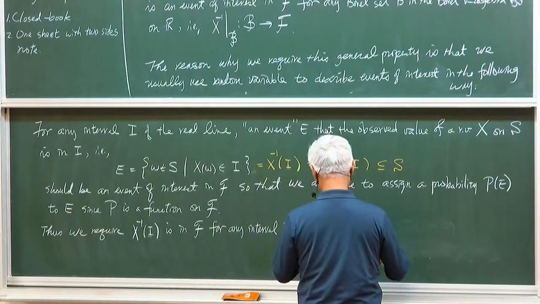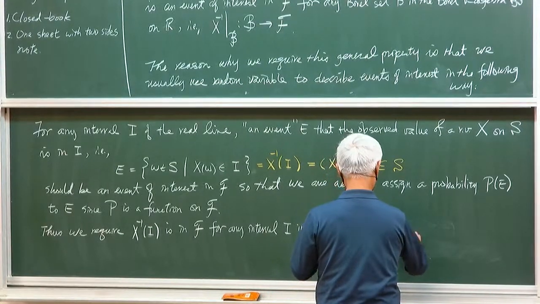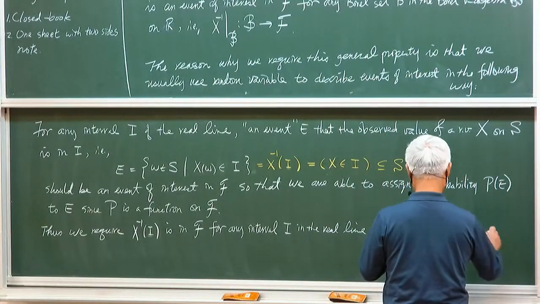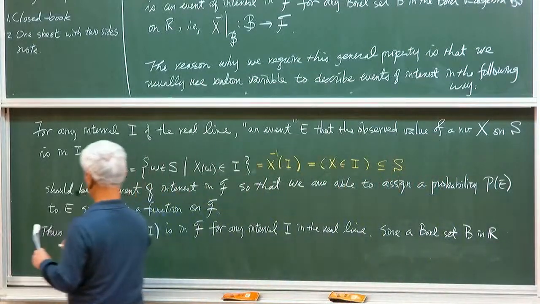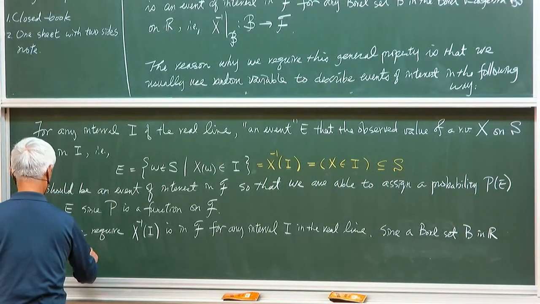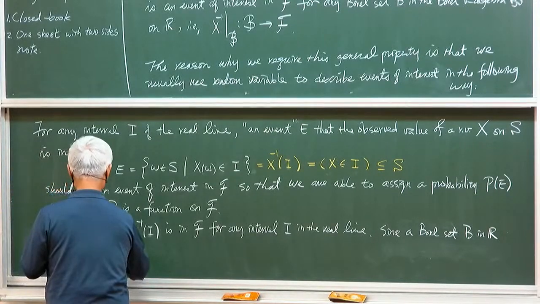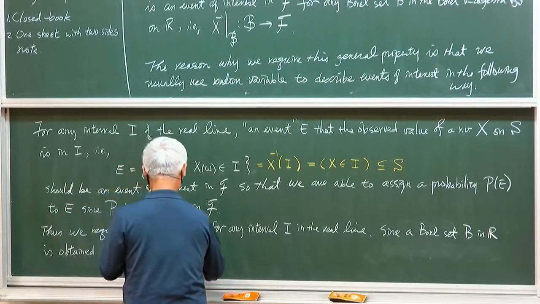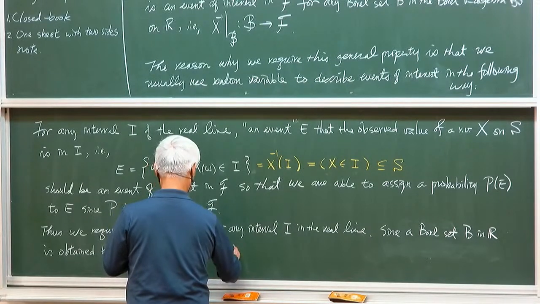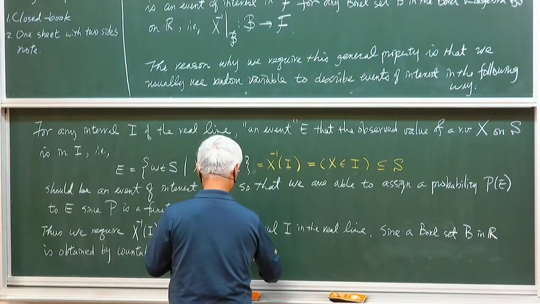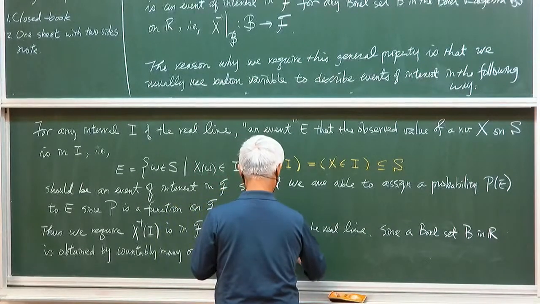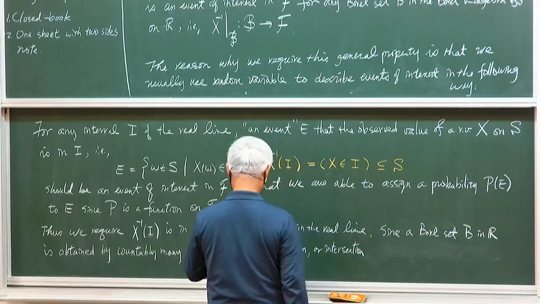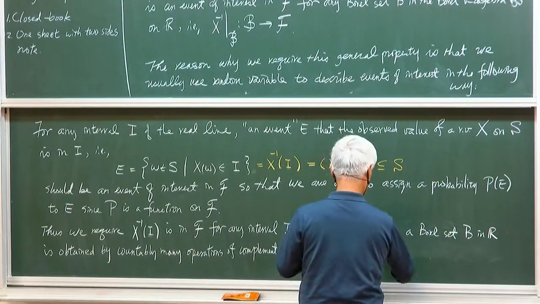Now, since a Borel set B in R is obtained by countably many operations of complement, union, or intersections on intervals.